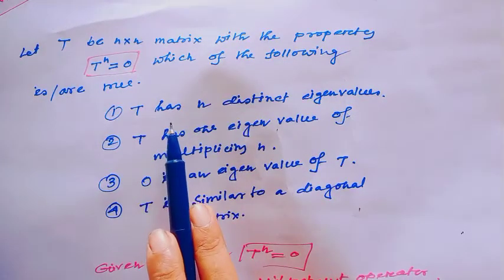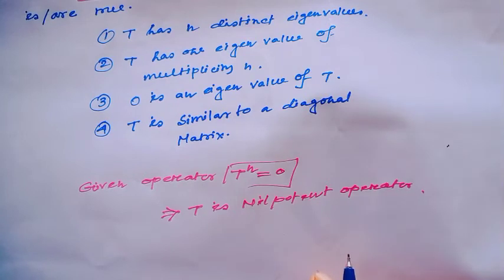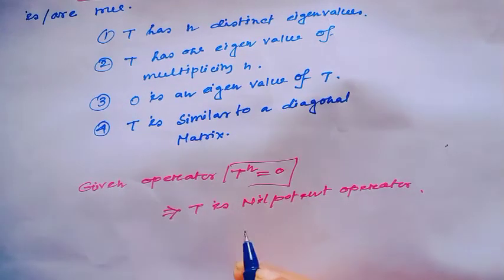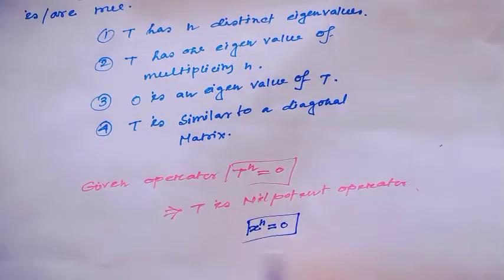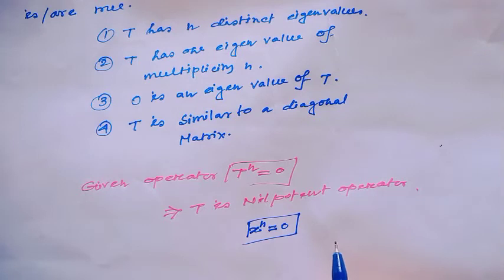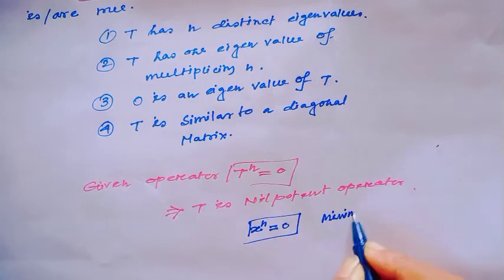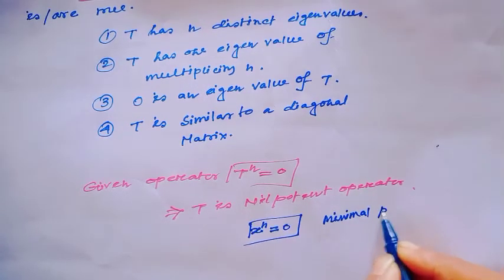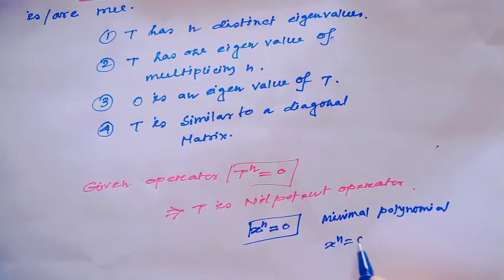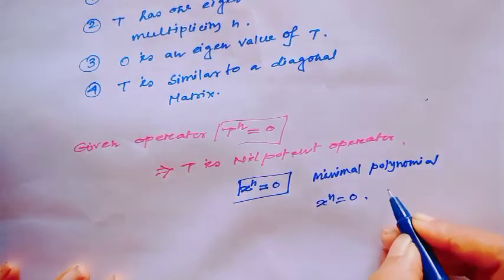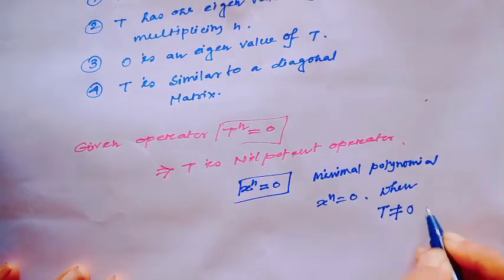In the first video on the nilpotent operator, I had discussed the characteristic polynomial of a nilpotent operator is x to the power n equal to 0 operator, and also the minimal polynomial is x to the power n equal to 0 operator. This is the minimal polynomial when the operator T is not equal to 0.